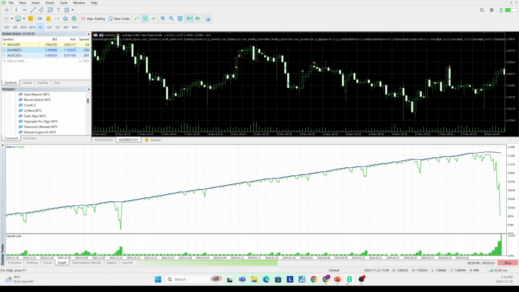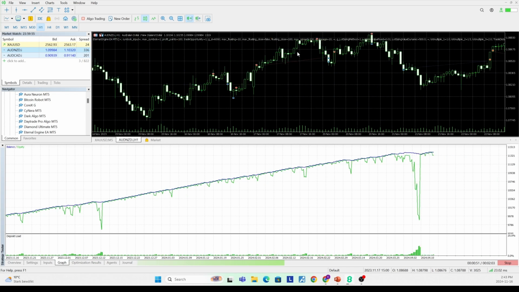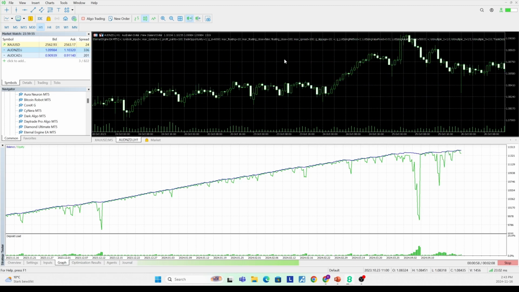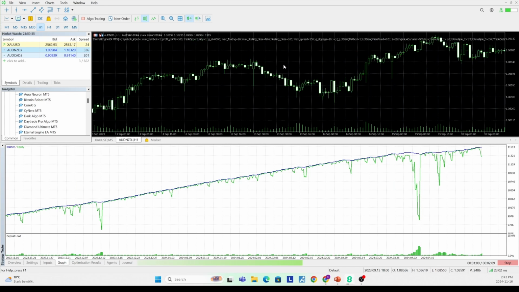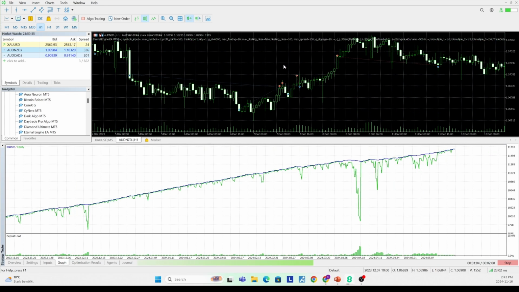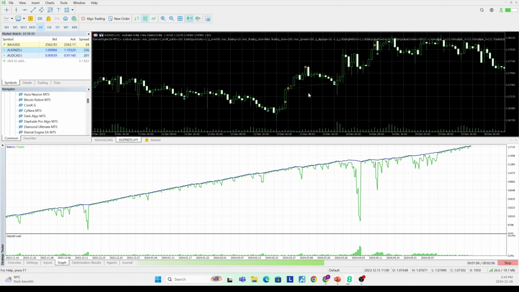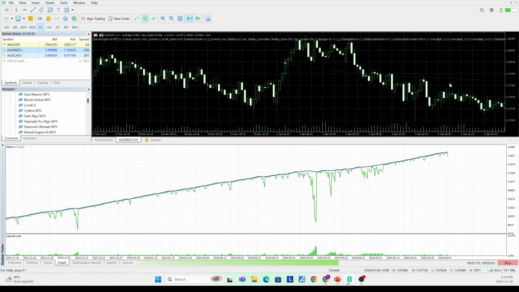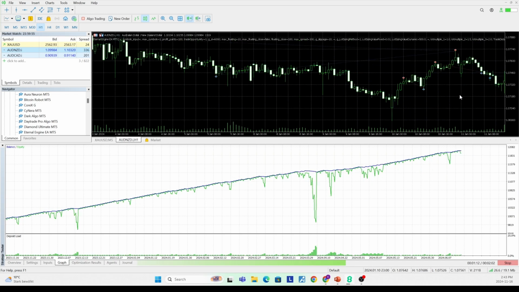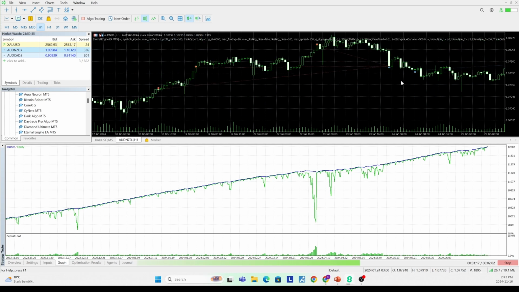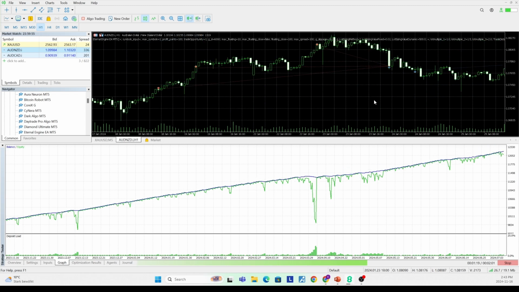We can see that it's opening multiple trades and it's closing at a similar time. This would be characteristic of a grid. And if we just keep scrolling back, we're now beyond the backtest period. We can scroll forward a bit, and we can see that, for instance, here another grid happened, another grid taking place here, a few more grids happening here. So yes, clearly a grid martingale system in nature.